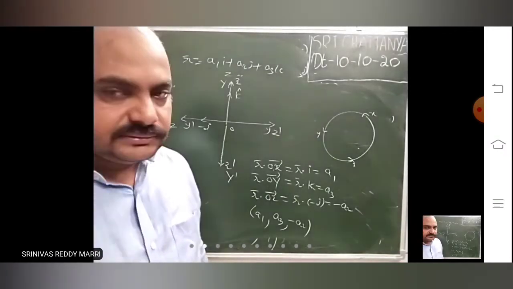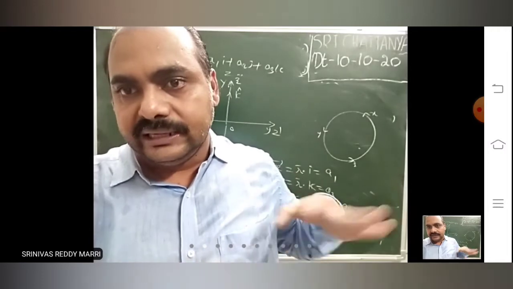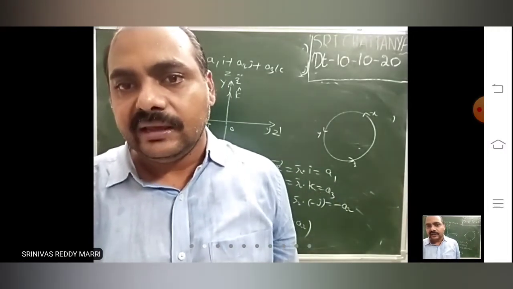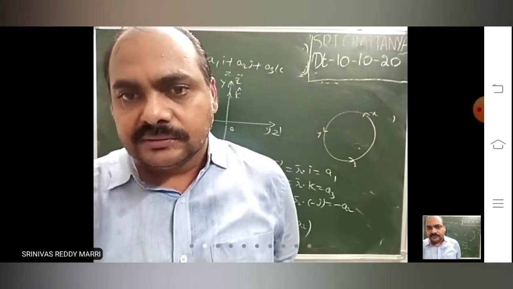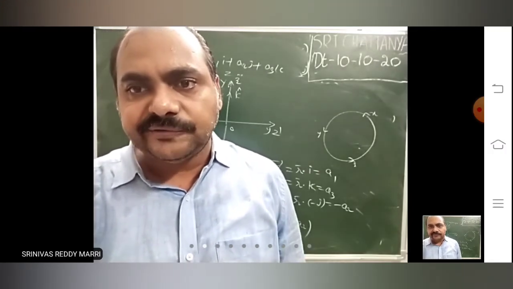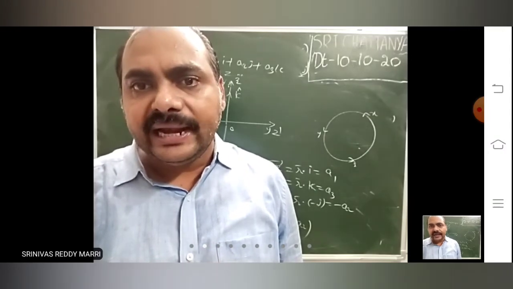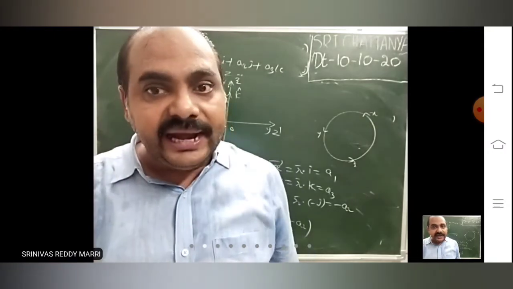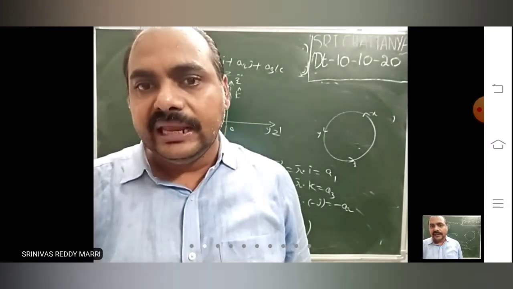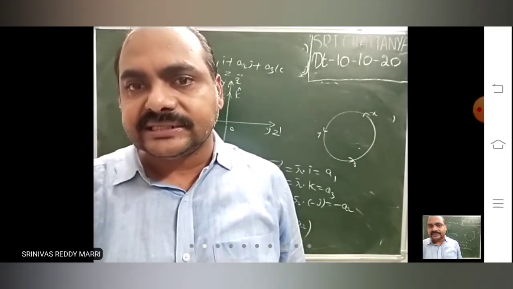Okay, next, another question, fourth. Like this he can ask in any way. Fourth, keeping z-axis fixed, axes are rotated through an angle of 90 degrees in clockwise direction.